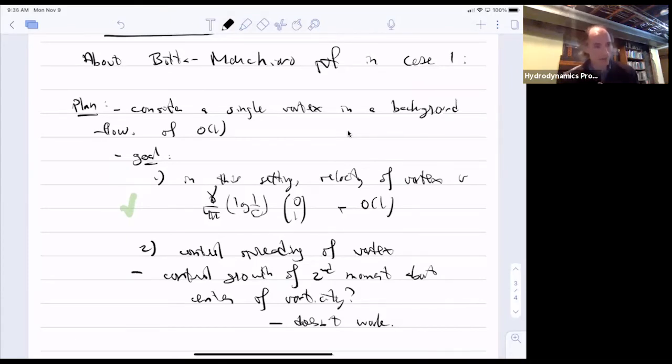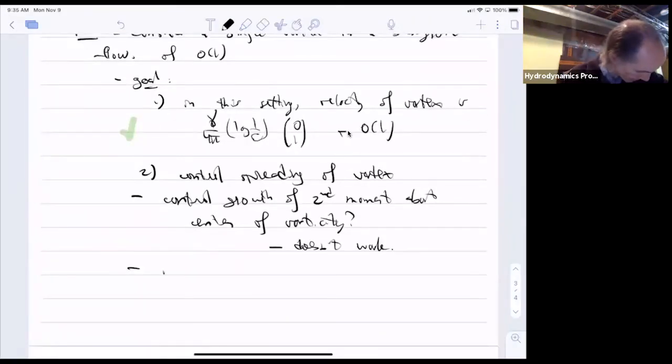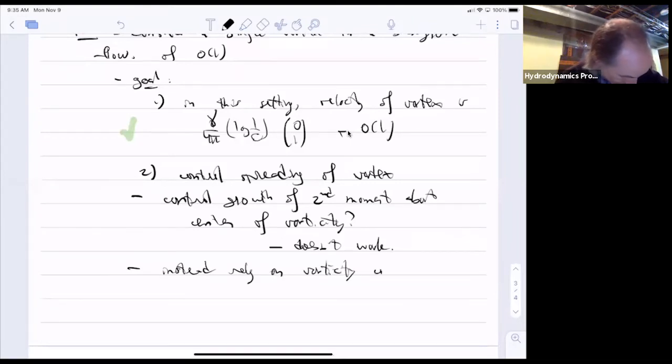And so what they do instead is they rely on the vorticity concentration lemma that we already used quite a lot.